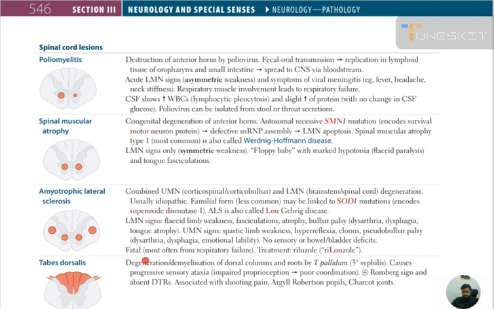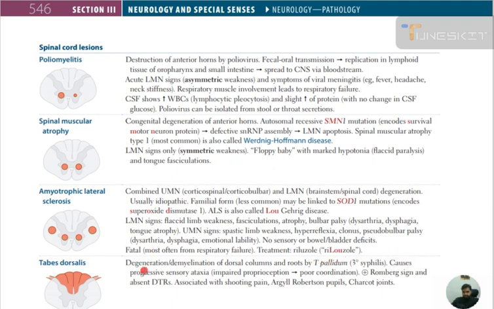Tabes dorsalis. It is degeneration and demyelination of the dorsal column and roots by Treponema pallidum.